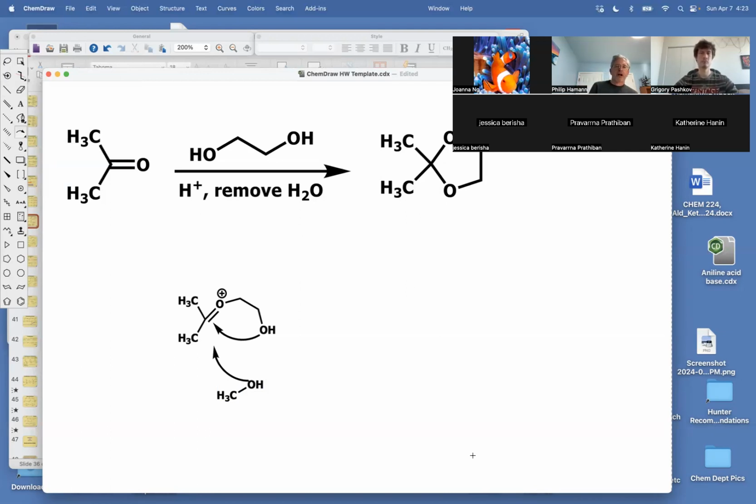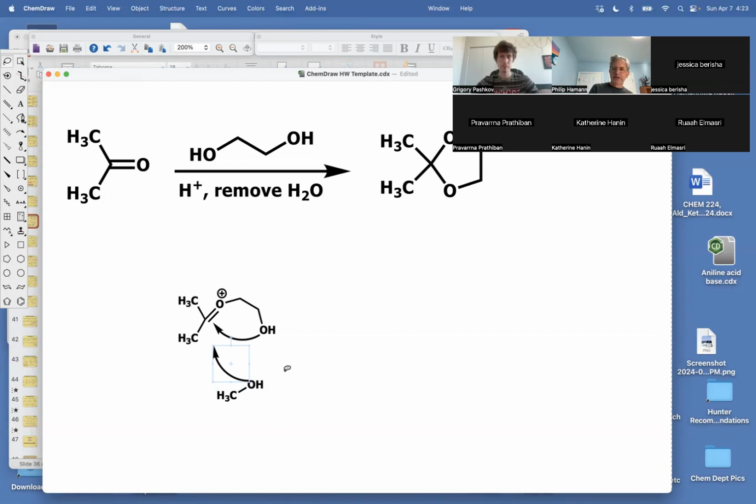Okay, so if you were using methanol here, you'd have two methanols and the ketone, 3 molecules making 1. So that's a loss of entropy. The way it is shown, you have 2 molecules making 1. That's a loss of entropy, but less. But this is the other way of looking at it.